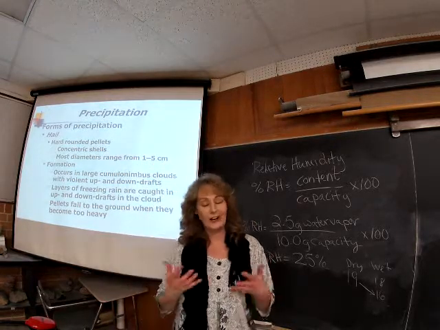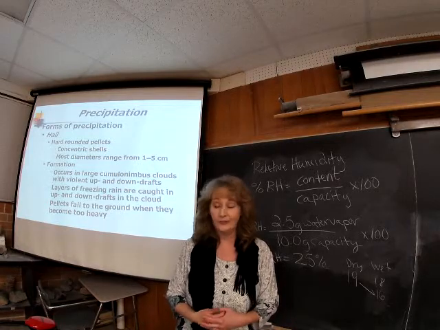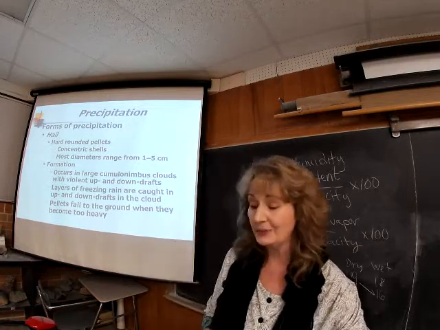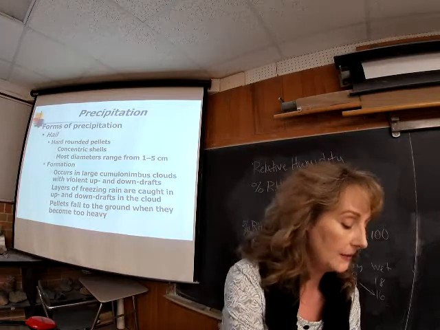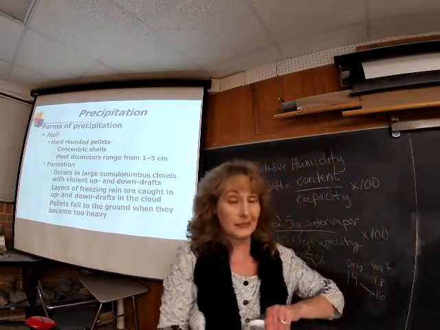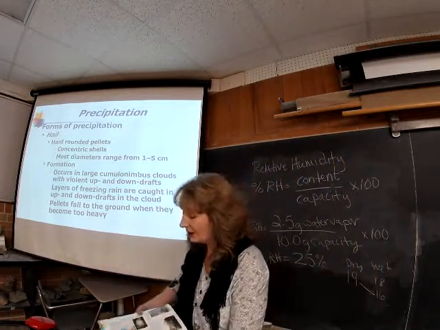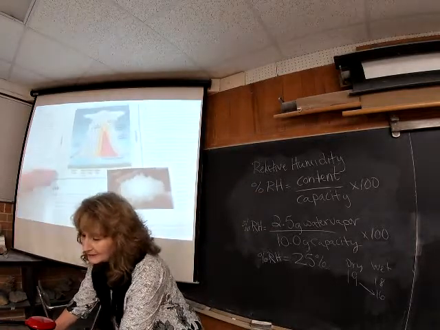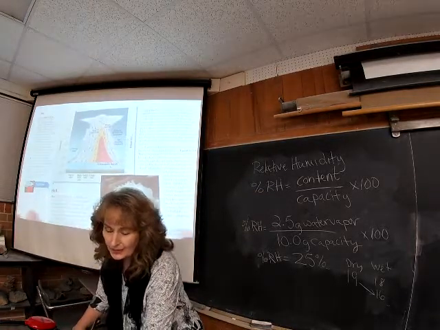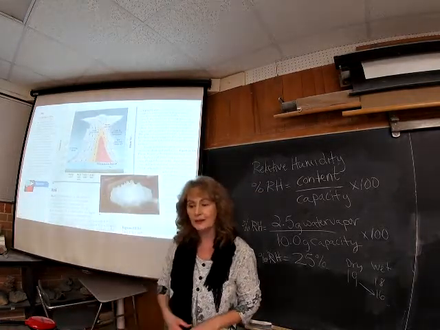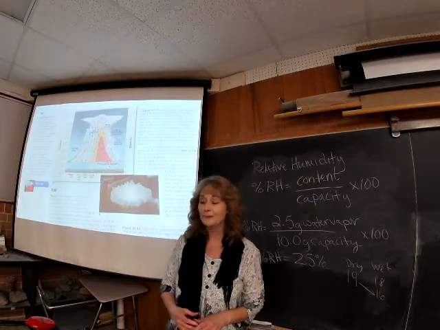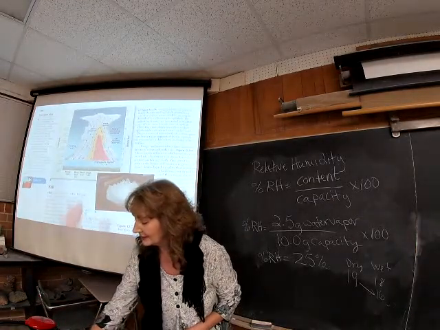Okay. Hail, a very interesting pattern here. I think I had a picture of that as well. What can happen in those cumulonimbus clouds, those large, tall, towering clouds? I've got a picture here, page 386, figure 12.31. So here's our cumulonimbus cloud.